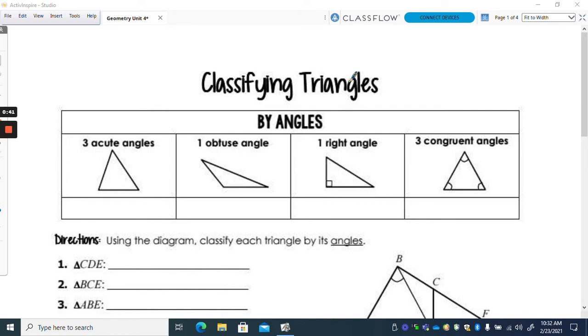Triangles can be classified in two ways. They can be classified by the angles, and they can be classified by the sides. So first we're going to look at classifying triangles by angles.